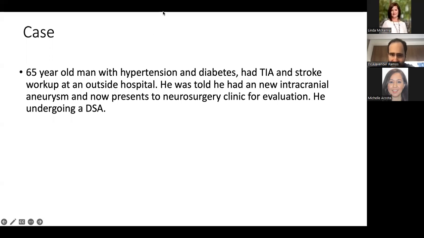Does anyone have any questions about fistulas? Yeah, so if you shut down the sinus, you put in risk for an ICH. That's a great question. So you can't shut down the sinus for everybody. You can only shut down the sinus for people where their normal brain isn't using the sinus.